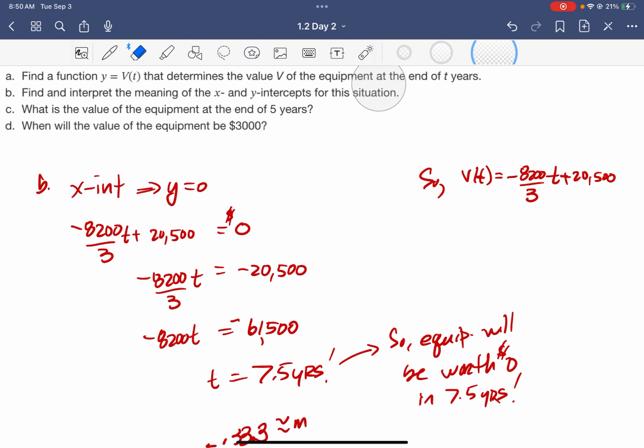Well, now if that's my x-intercept, now I get to find my y-intercept, which is where x is equal to 0. But in this case, it's time, so t is equal to 0. Notice what happens.